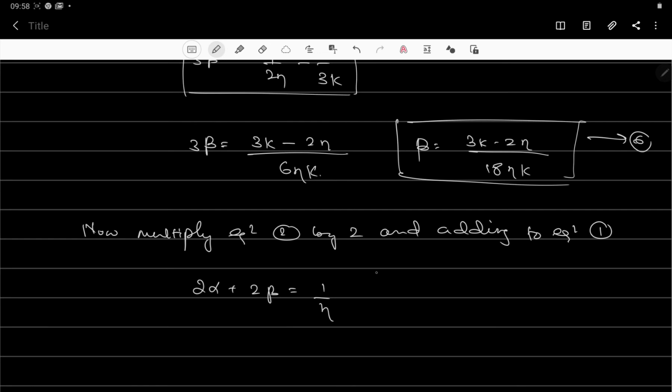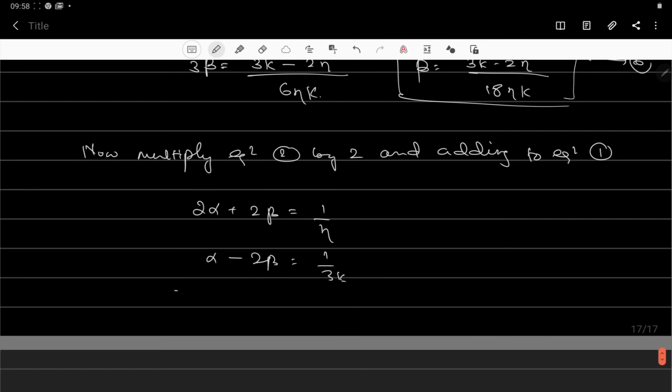Now add equation 1, alpha minus 2 beta equals 1 by 3k. The beta terms get cancelled, and what remains is 3 alpha equals 1 by eta plus 1 by 3k.